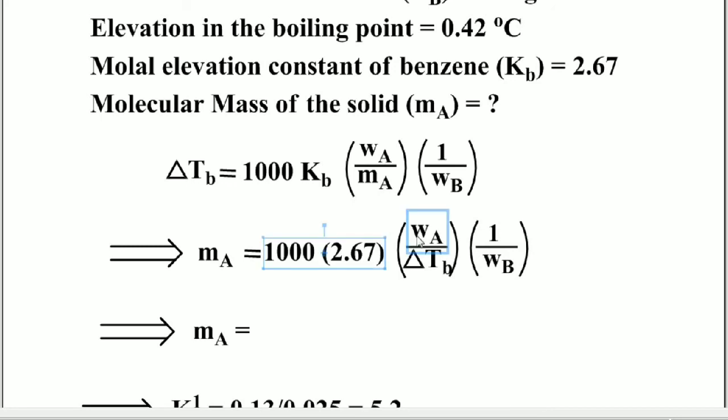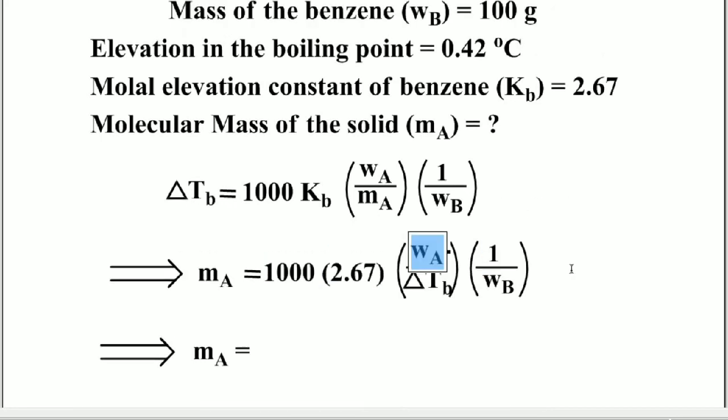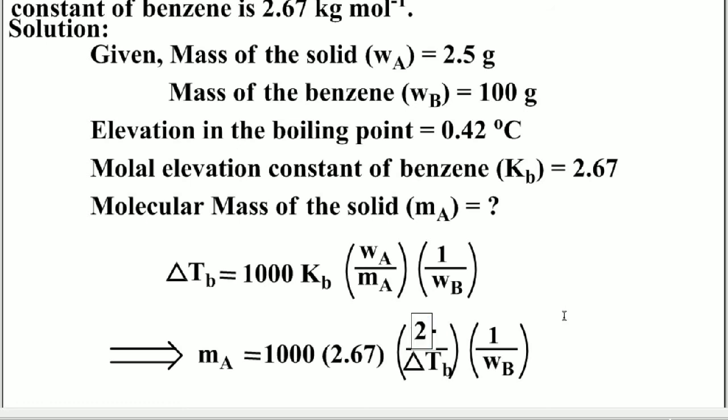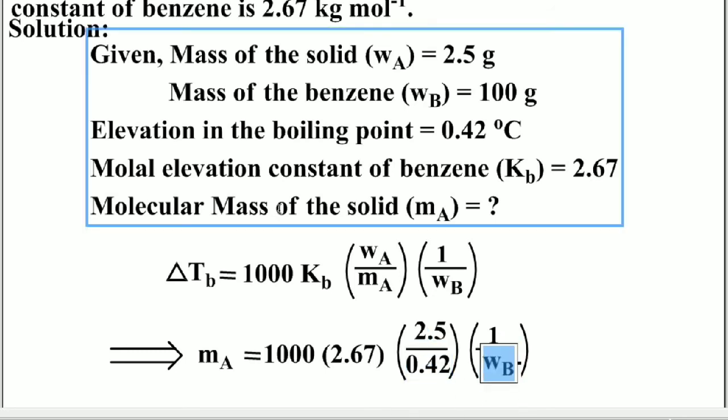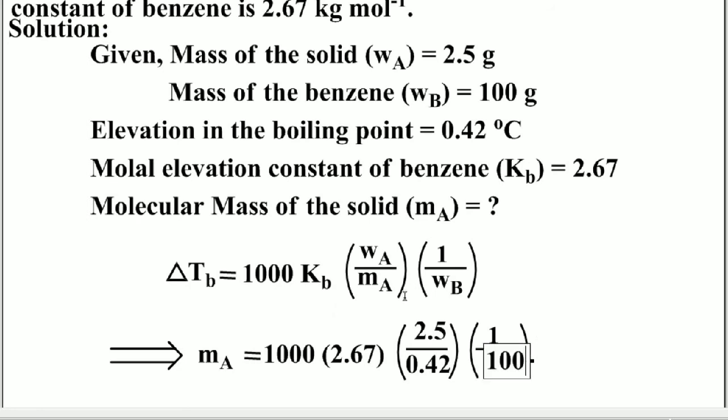The WA, mass of the solid, is given as 2.5 grams, the given delta TB is 0.42, and WB is equal to 100 grams.